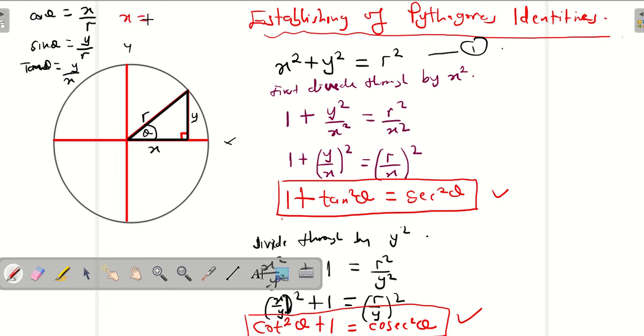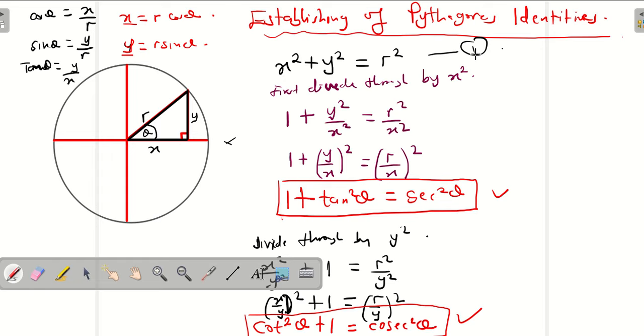X is equal to r cos theta. Then making y the subject, we can say that y is equal to r sine theta.